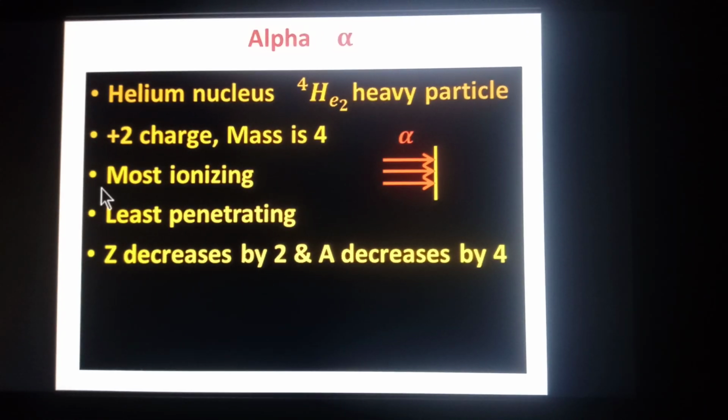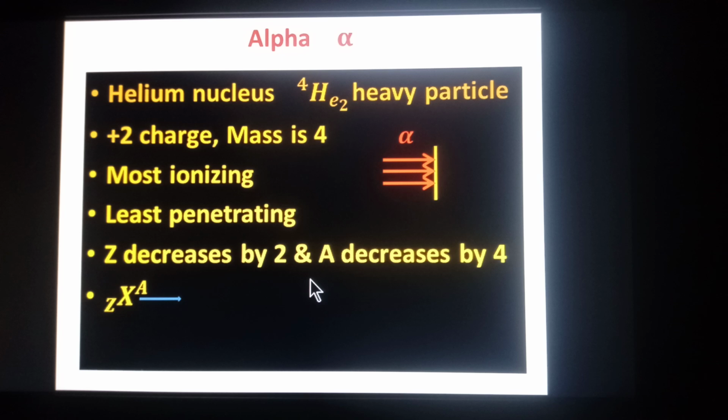When a nucleus emits an alpha particle, its charge number Z decreases by 2 and its mass number A decreases by 4. It means when there is an alpha decay and one element changes into another element, the new element will have mass number 4 less than the original and charge number 2 less than the original.